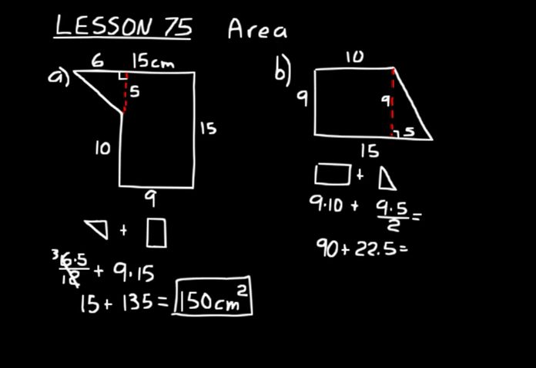And so that will equal 112.5. I didn't specify any units on this. Let's do inches for this one. 112.5 inches squared. On these more complicated shapes, make them into easy shapes by breaking them up into shapes you're familiar with, then calculating the area of each of those individual shapes and adding them together.